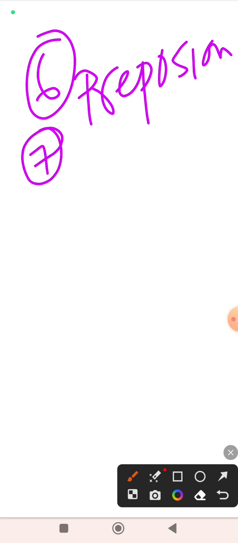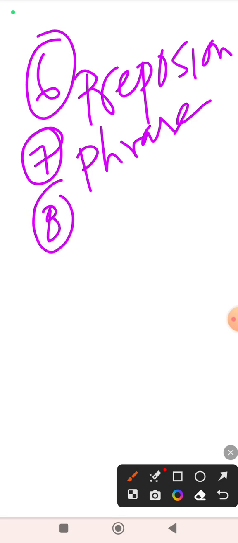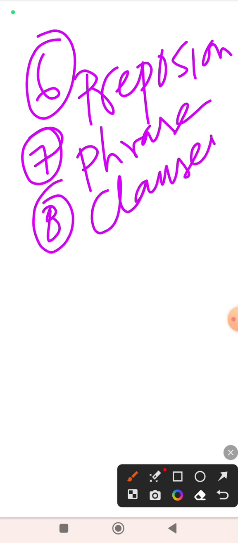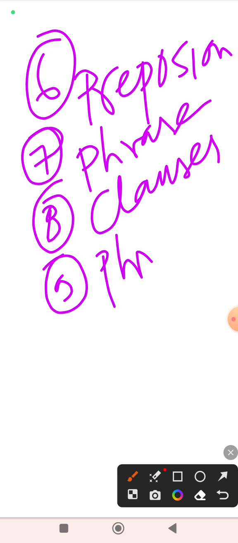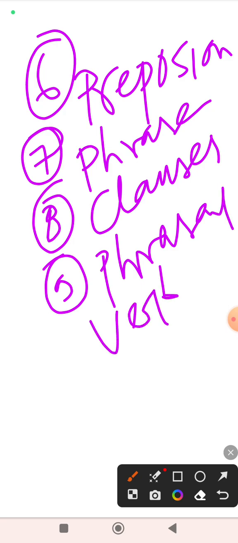The seventh one is phrases. The eighth one is clauses. Then we have phrasal verbs, for example, carry on, carry plus on is equal to continue, or looks after, like these phrasal verbs.